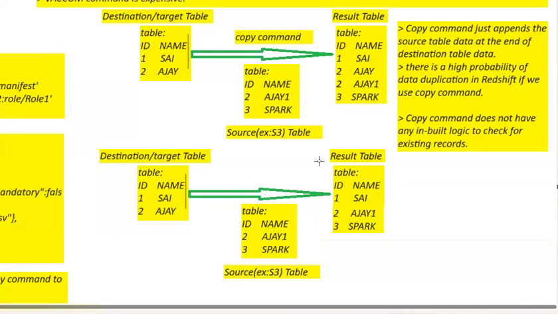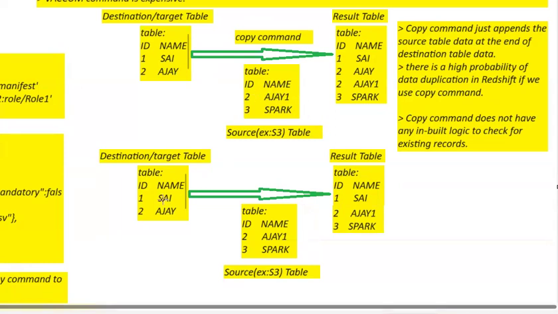What is UPSERT? Obviously, everyone will be confused, thinking I spelled a wrong word, but it's the correct word. By using UPSERT, you are able to do updating. In place of Ajay, you can update Ajay1, and you can also insert the new records.